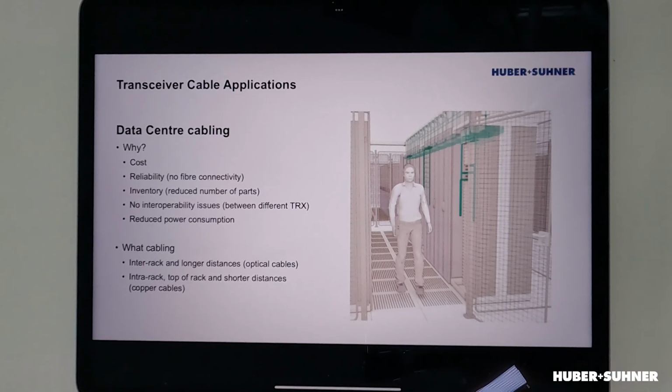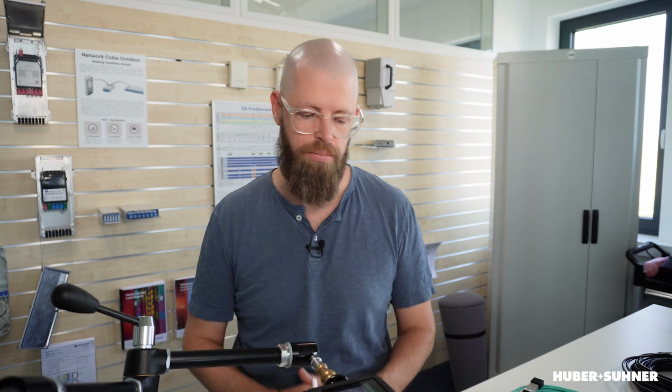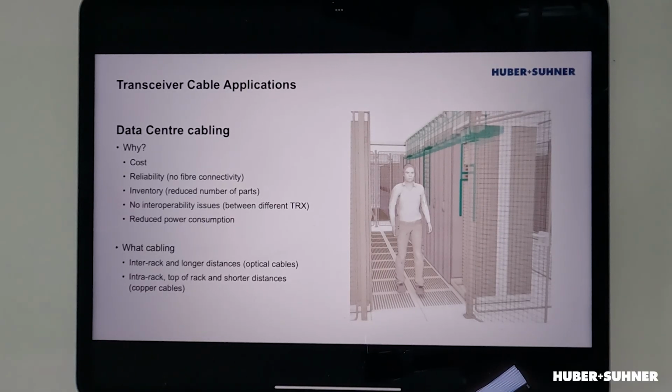And also we have a reduced inventory, because instead of having the fiber cable and the transceivers on either side, we then only have one part. And obviously we also don't have that interoperability topic between the different types of transceivers, and also we have a reduced power consumption.